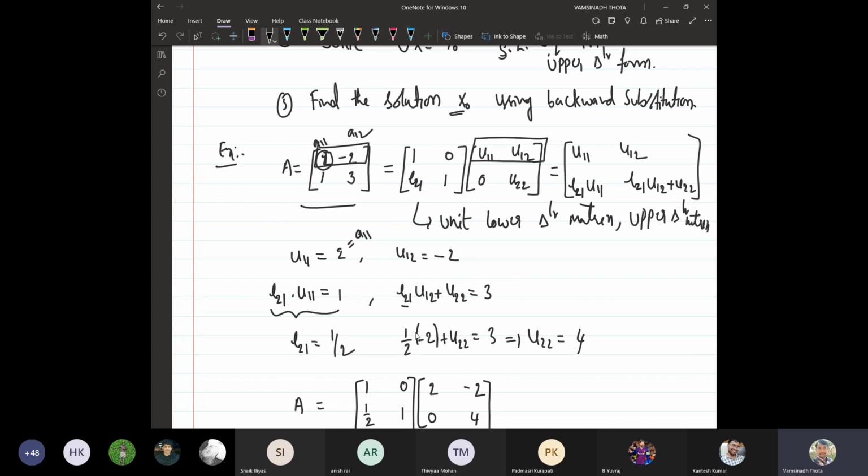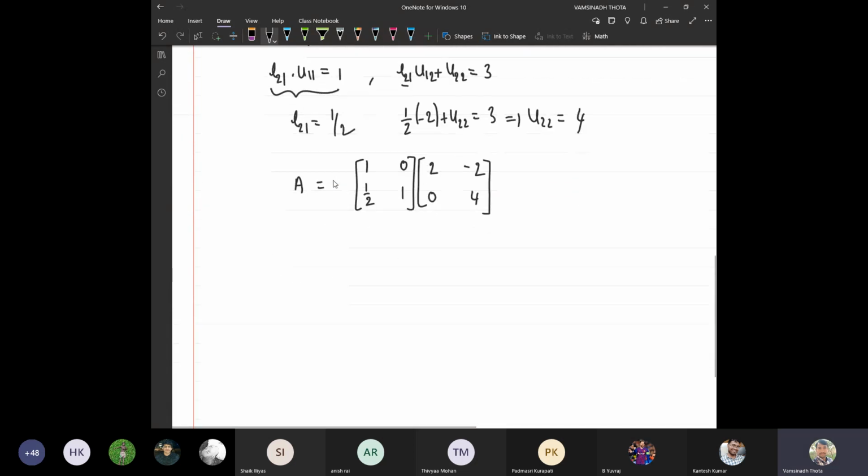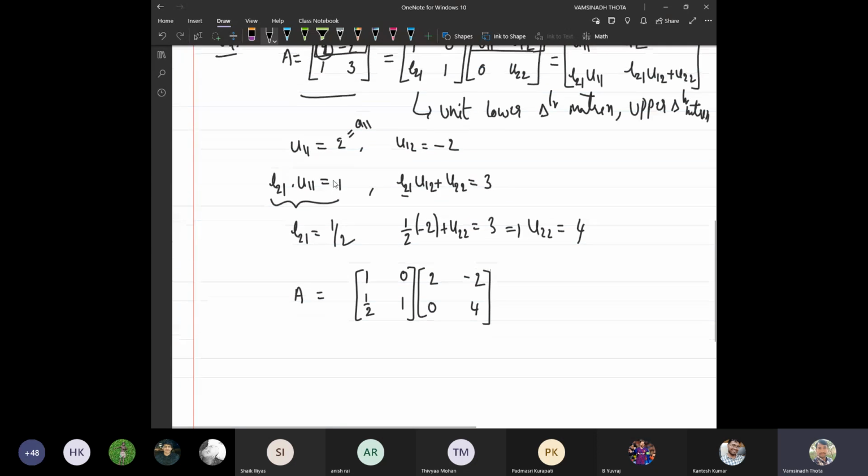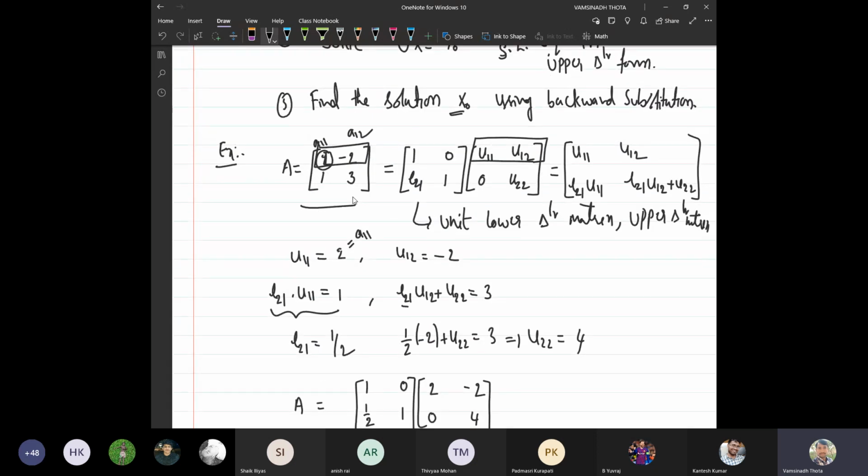While evaluating U22, we will have a difficulty if the determinant of A is equal to 0. So that is the reason. So that is one condition: the determinant of A should not be 0, and the first term A11 should not be 0.